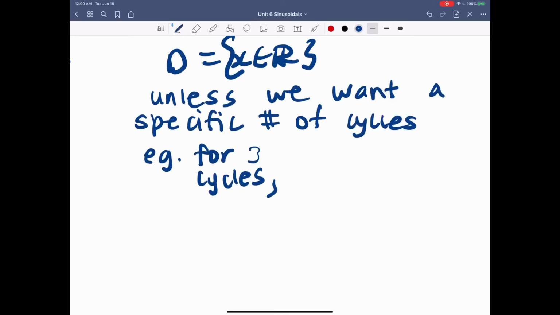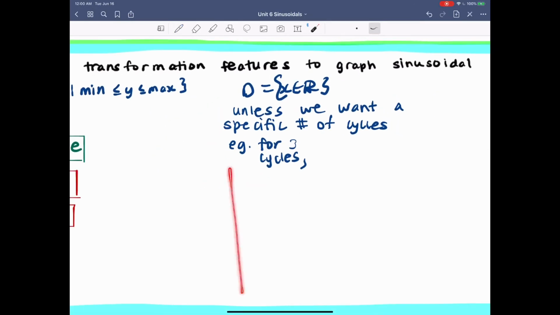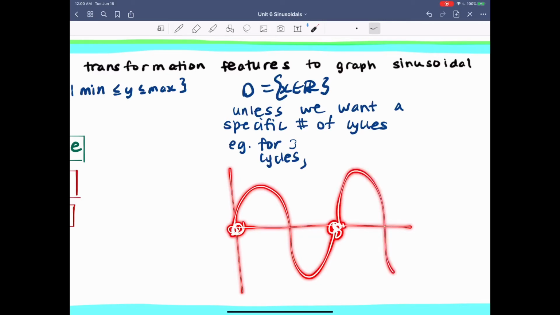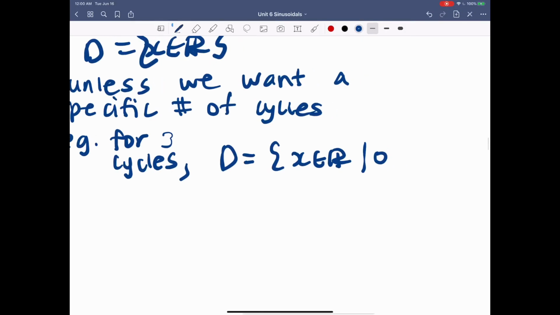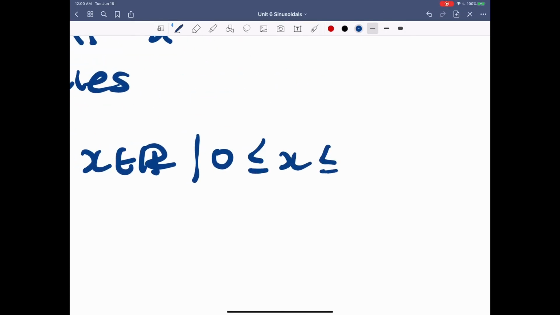For example, if they ask for 3 cycles, and as long as I assume that it starts at 0 and you're simply adding the periods, if that's 1 cycle and you want it for 3 cycles and it does start at 0, then you're simply going to do 3 times P, because that's how long it takes for 3 cycles. 3 cycles are going to be 3 periods, and so you're going to say that the domain is equal to x element of the reals such that x is between 0 and 3P, where you have to actually put in what the period is.